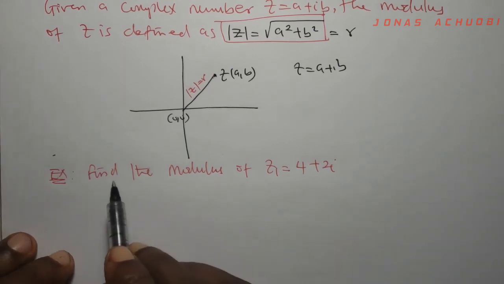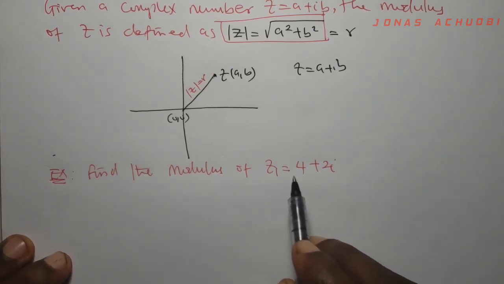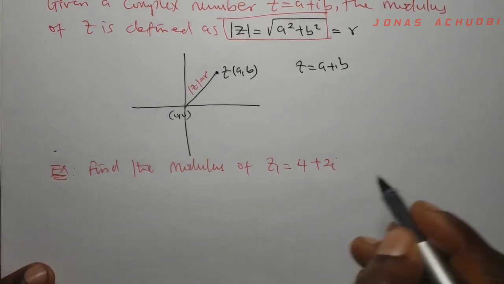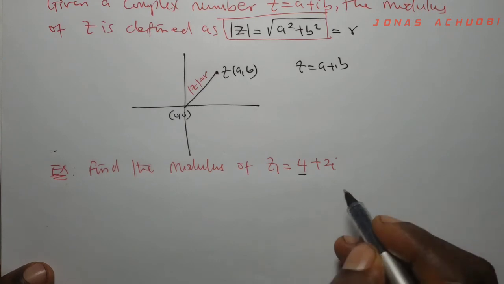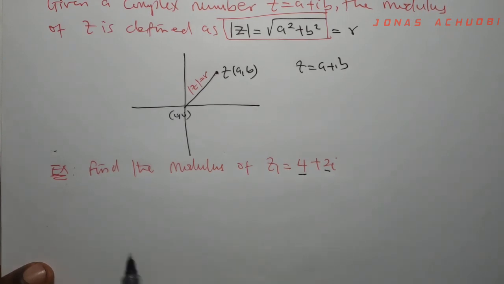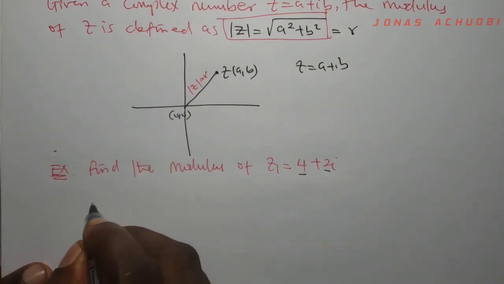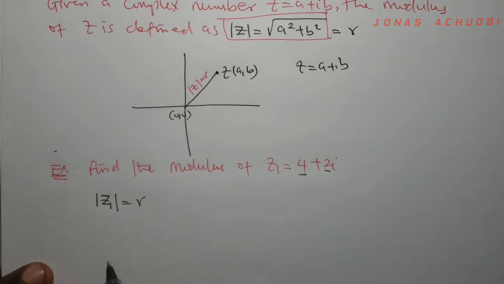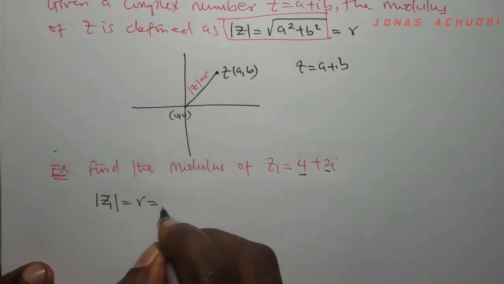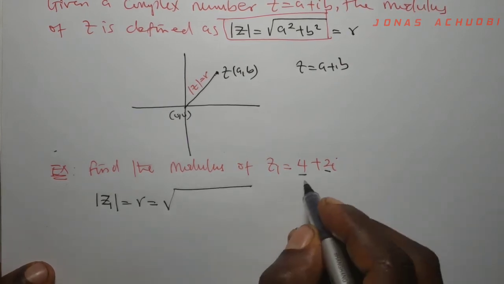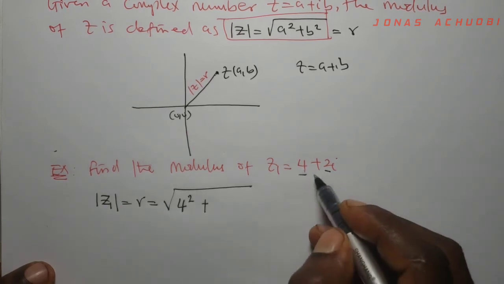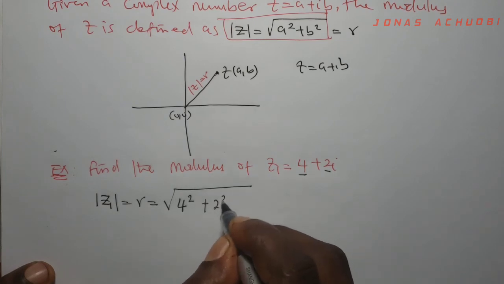Example: find the modulus of the complex number z1 equal to 4 plus 2i. So here, the real part is 4 and the imaginary part is 2. So the modulus of the complex number z1, denoted as |z1|, and sometimes we use r to represent the modulus, is equal to the square root of 4 squared plus 2 squared.